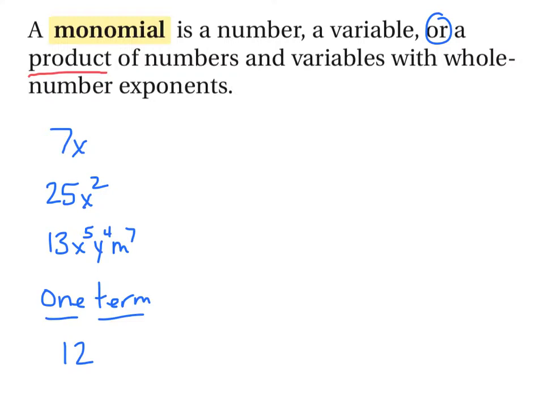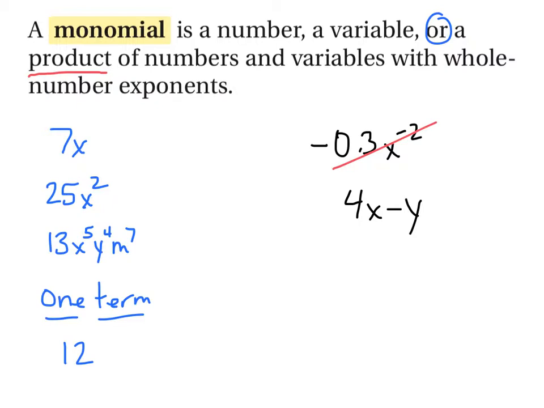Let's give a few examples of things that are not monomials. Negative 0.3 times x to the negative 2. That's not a monomial. Okay? We need positive exponents. So we'll cross that one off. How about 4x minus y?